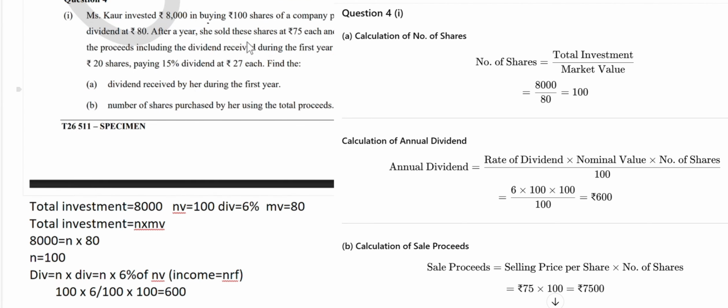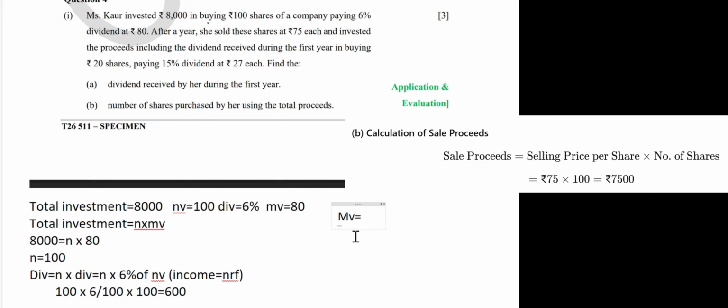Now she sold these shares at rupees 75 each. That means MB equal to 75, and she invested the proceeds. The investment equal to number of shares into MB, that is N into MB. 75 is MB and the number of shares is 100.